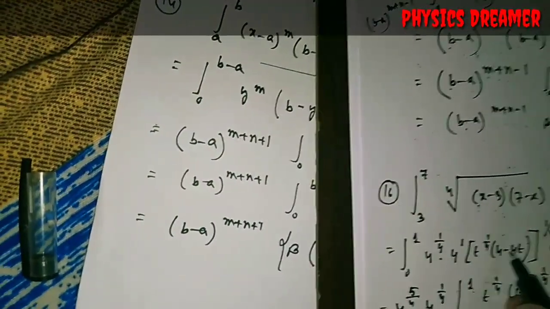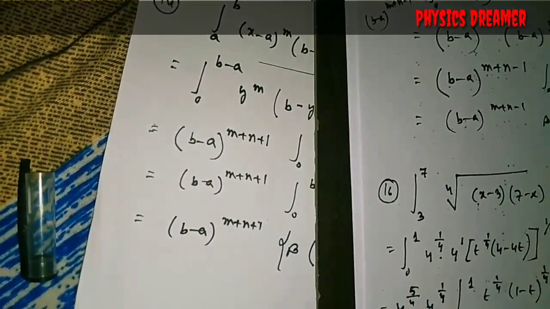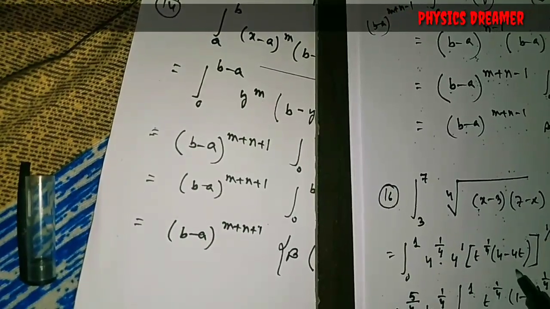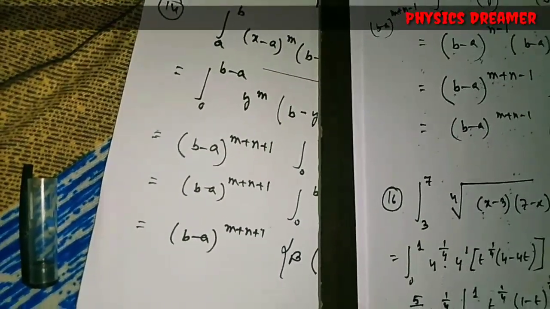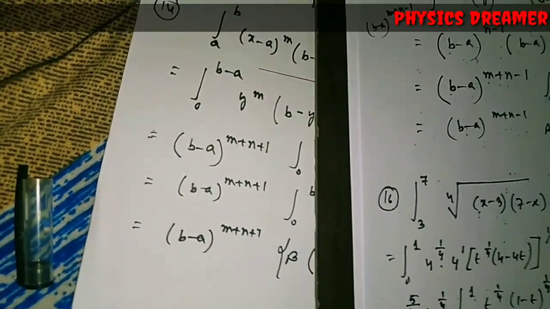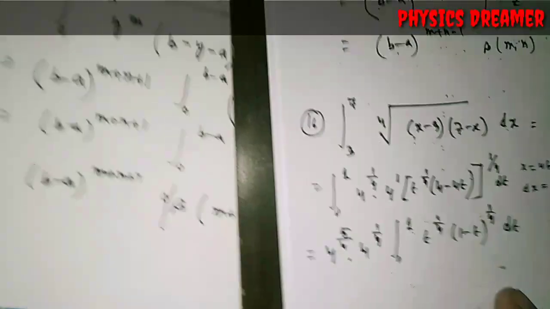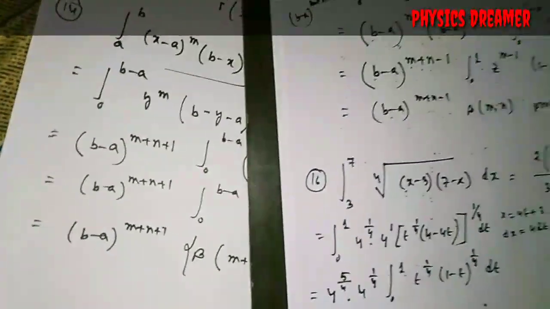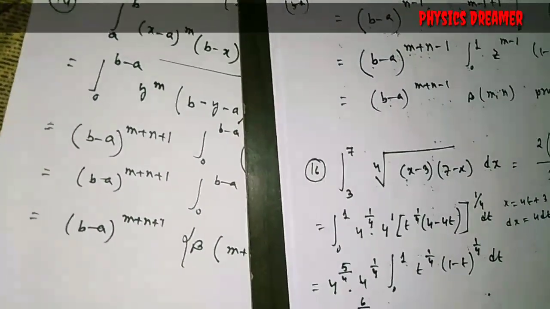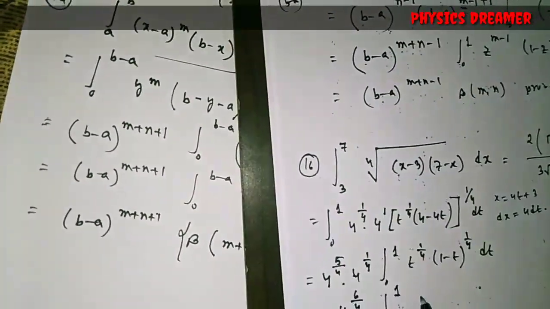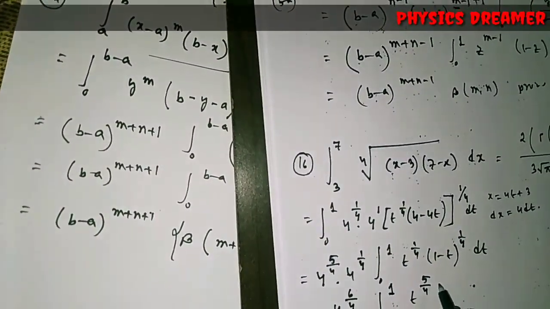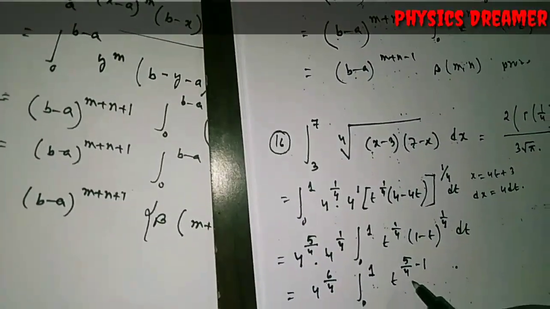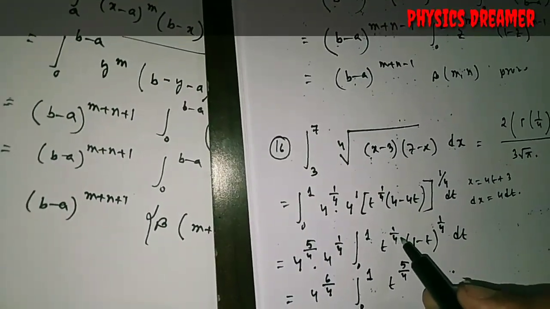Because here 4 into (1 minus t), so this term 4 to the power 1 into 4 to the power 1 by 4, so here 4 to the power 5 by 4 into 4 to the power 1 by 4, clear? So dt. Now 4 to the power 6 by 4 into integral 0 to 1 t to the power 5 by 4 minus 1, I can write it because 5 by 4 minus 1 equals 1 by 4.